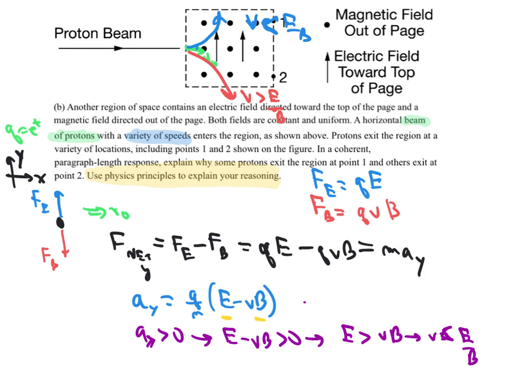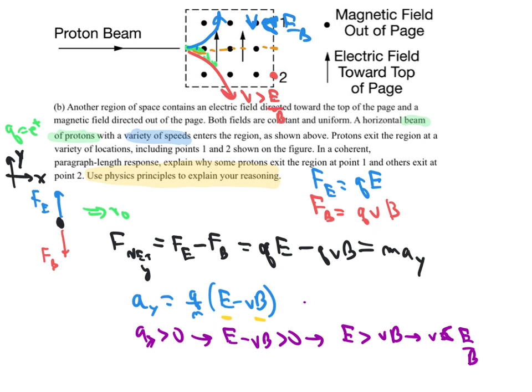There's clearly a case in the middle where they could just be balanced and it could land there. Of course, my particles have missed, but that's because I picked particular values. There would be some V more than E over B which would cause it to go through portal 2, and some V less than E over B that would go through portal 1.